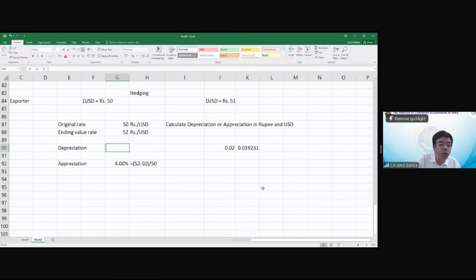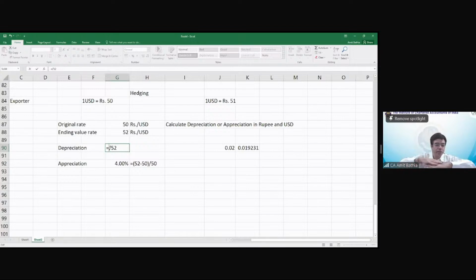So here, when I'm looking at a depreciating currency, we are comparing, and the division has to be with 52 or 50. What is your base? If it is increasing, this is my base; from here, it goes up.